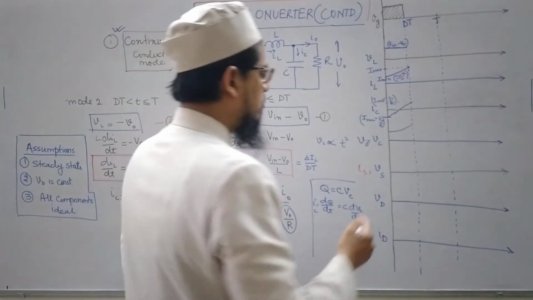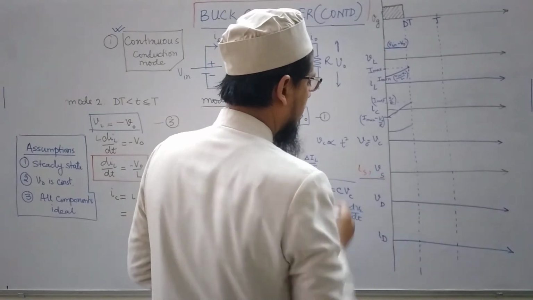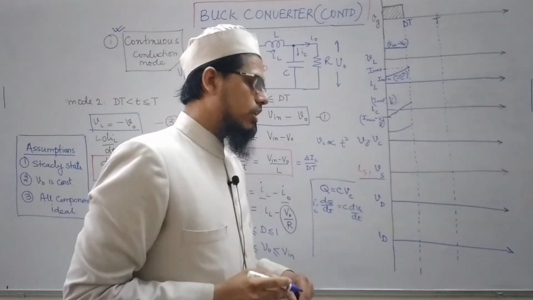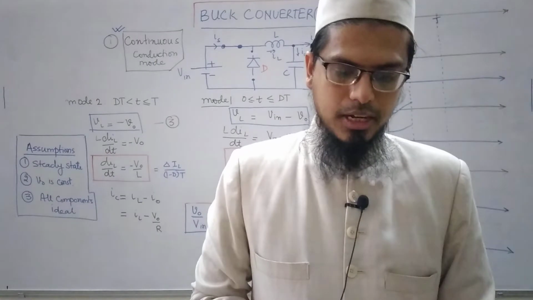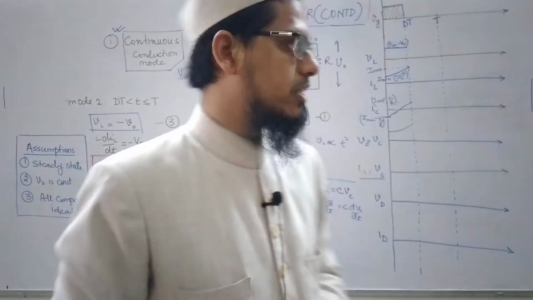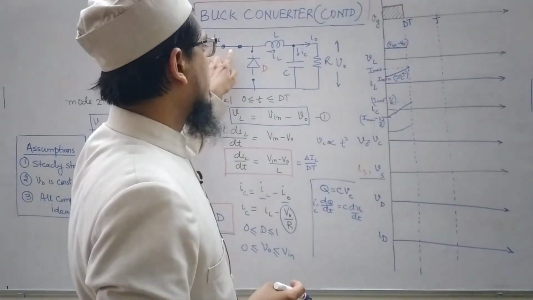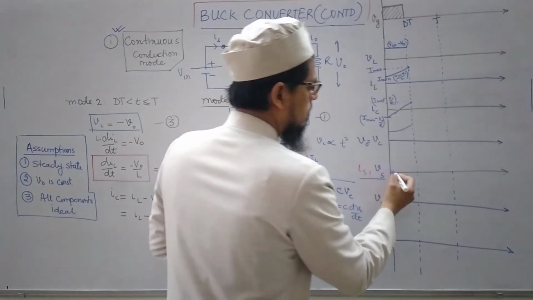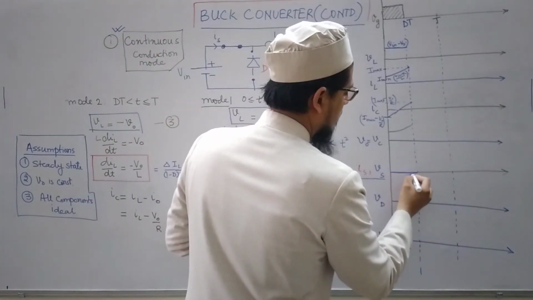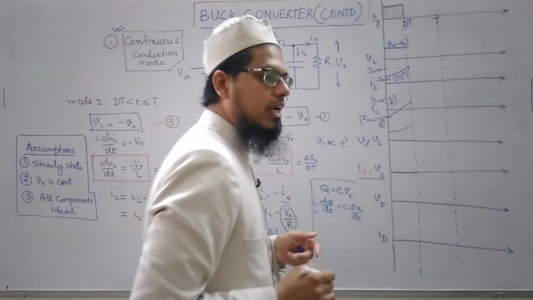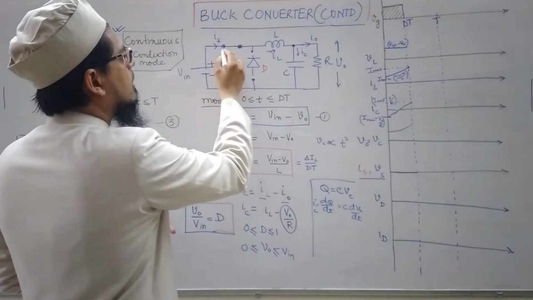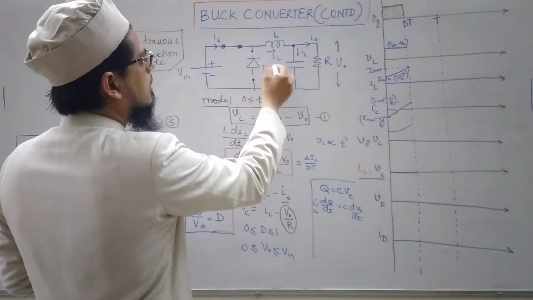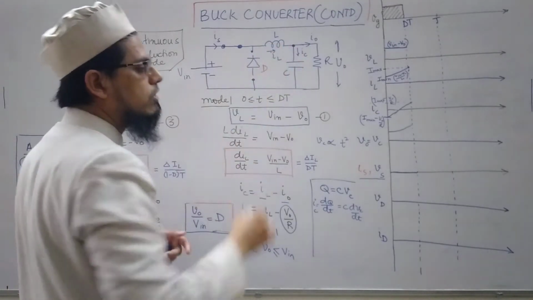Now let us come to Vs and Is, the voltage across the switch and the current flowing through the switch. When this switch is conducting, the voltage across it would be 0. So let me try to draw it. It would be 0 here. What about the current? The current Is is nothing but the current IL flowing through the inductor.